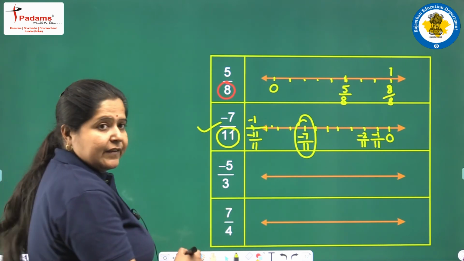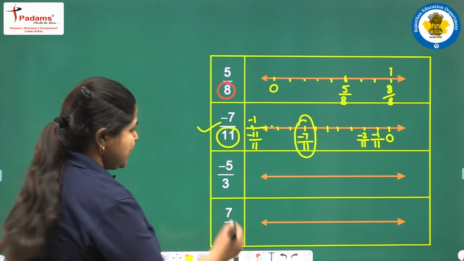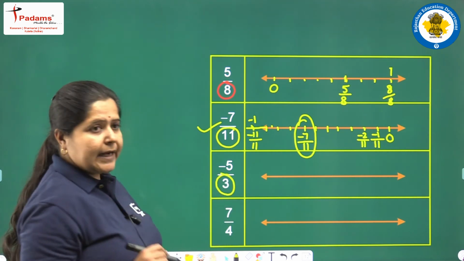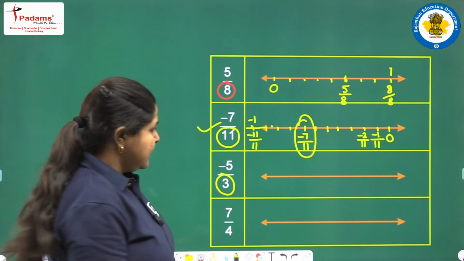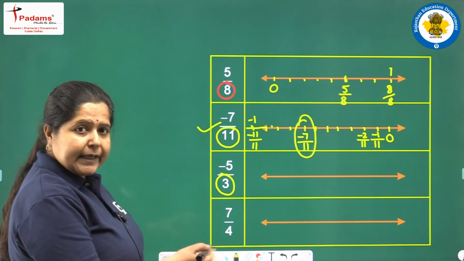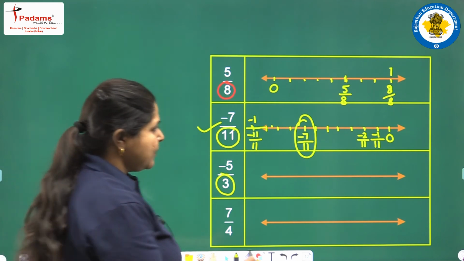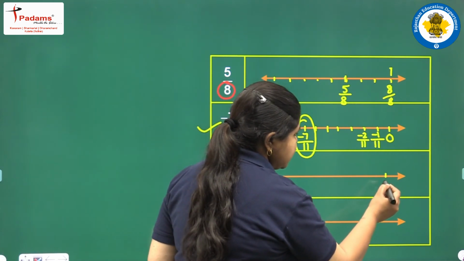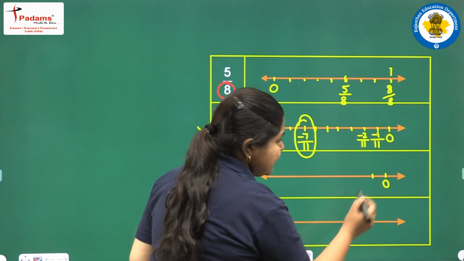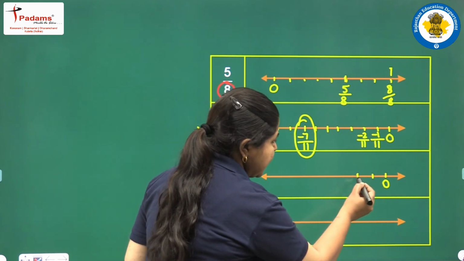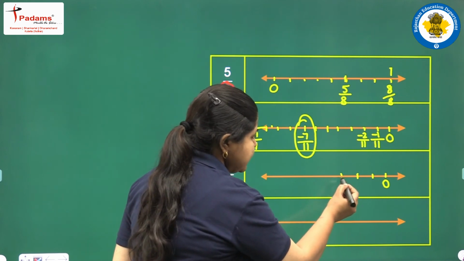Next is minus 5 upon 3. The denominator shows 3, that is 1 unit has to be divided into 3 parts, and since it is negative, again it will be to the left of 0. So we take 0 somewhere here. Let us mark minus 1 upon 3, minus 2 upon 3, minus 3 upon 3.